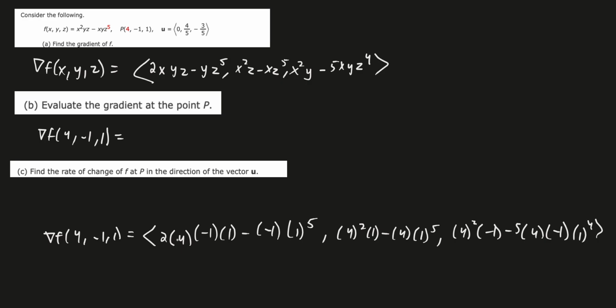Okay, let's see. 2 times 4 times -1 times 1 minus -1 times 1, comma, 4 times 1 minus 4 times 1, comma, 4 times -1 minus 5 times 4 times -1 times 1. Okay, that's good. Alright, so I'm going to try to do this all at once. This is going to be 8 minus 8, and then minus 1 times -1, so it's plus 1. So this is just minus 7.